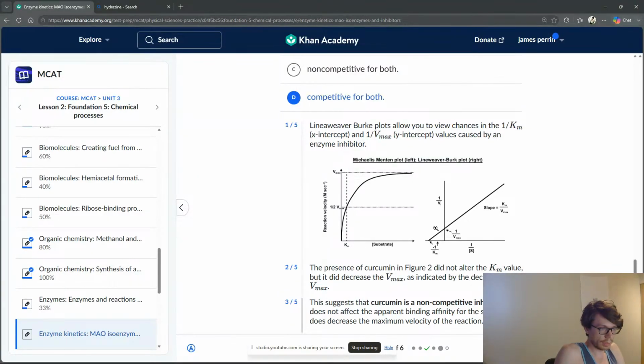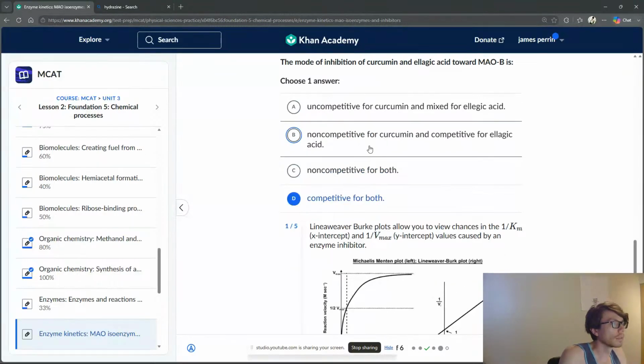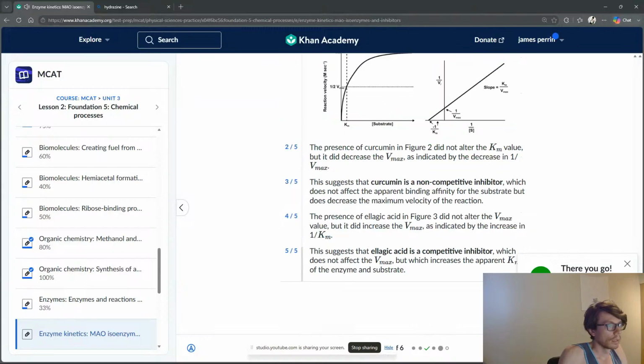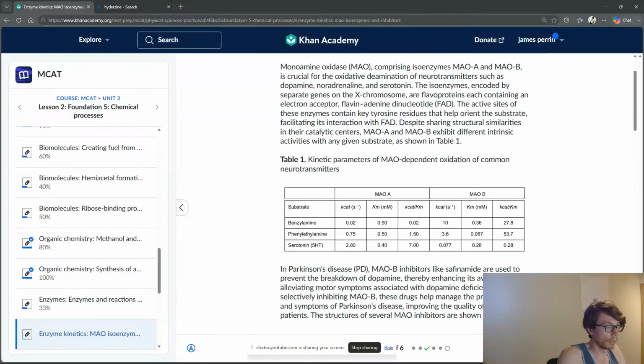The Vmax isn't changing. Is it competitive, I guess? Yeah, competitive inhibition.